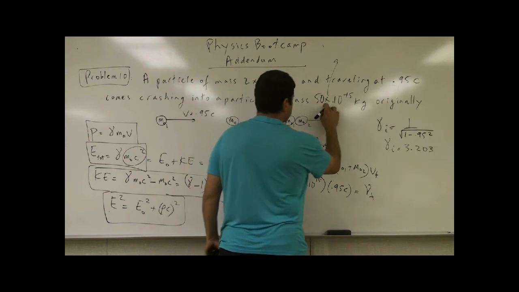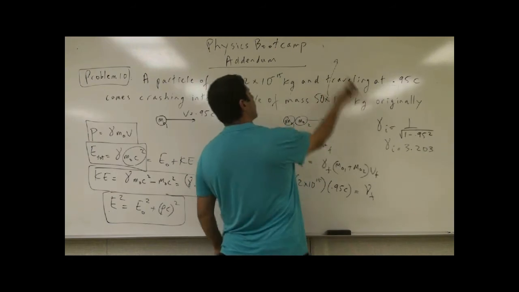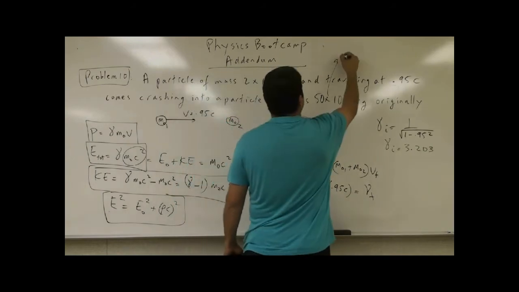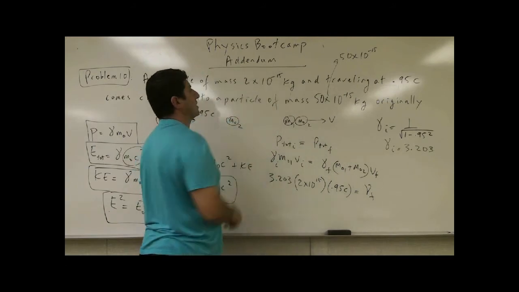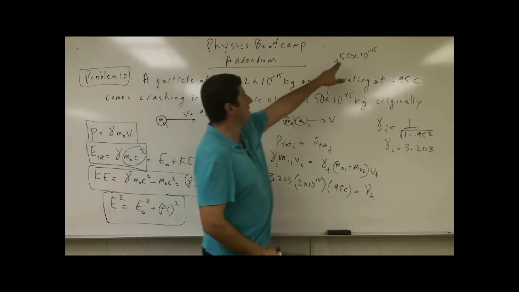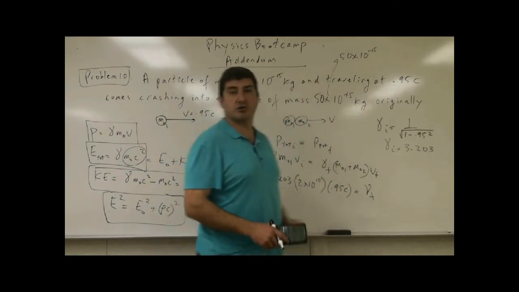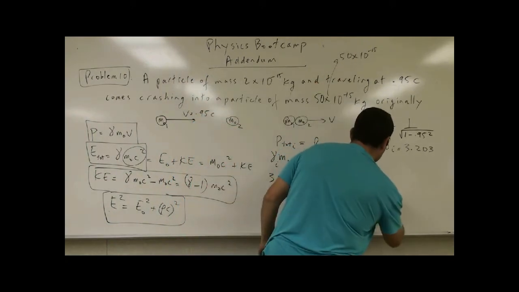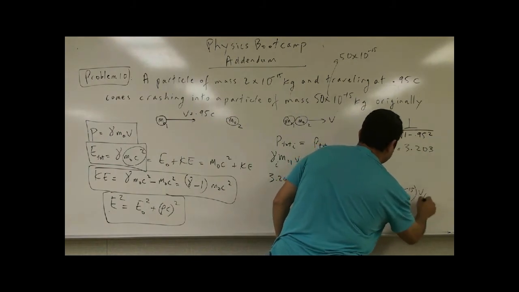So I can basically take the decimal point one over, and then I would have to go back one more space. So it'll be 50 times 10 to the minus 15, and then this is also 2 times 10 to the minus 15. So what's the total mass now? 50 plus 2 is 52. 52 times 10 to the minus 15, V final.